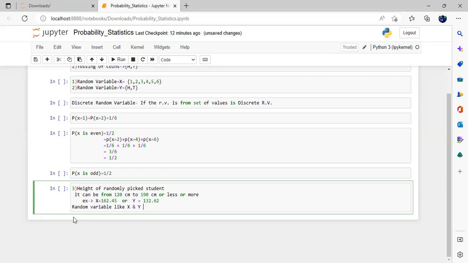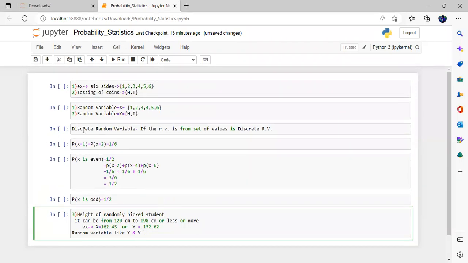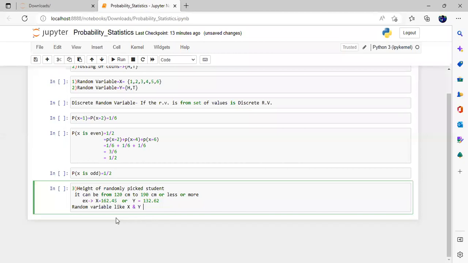If you observe here, this comes under the category of continuous random variable, which can take any value of real number, okay, from 120 to 190. But for a discrete random variable, it is only either 1, 2, 3, 4, 5 or 6. But here you can observe it can be anything from 120 to 190.